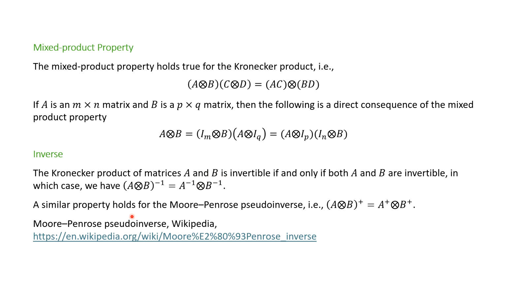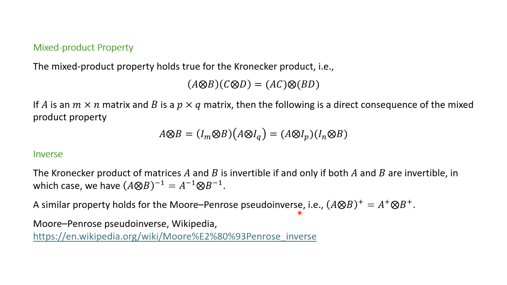A similar property holds for what's called the Moore-Penrose pseudo-inverse, which I'm going to get to later in this lecture series, but I'll just mention it here. It's denoted by this little plus sign here. So the Moore-Penrose of A Kronecker B is equal to the Moore-Penrose of A Kronecker the Moore-Penrose of B. If you want to get ahead of things, you can look that up. It's basically where you don't have an inverse for a matrix.